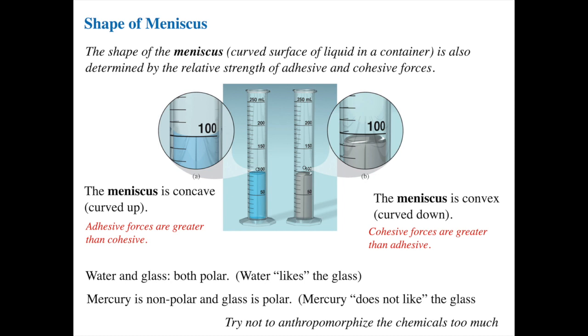It's not like there's truly a desire to be with the glass or to get away from the glass, but like dissolves like, we sometimes say, like two polar liquids will dissolve in one another, but a polar and a nonpolar do not. Or in this case, the water likes the glass. But it's truly about intermolecular forces, favorable interactions, and non-favorable interactions.